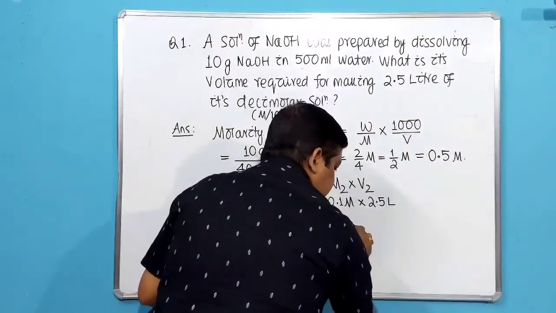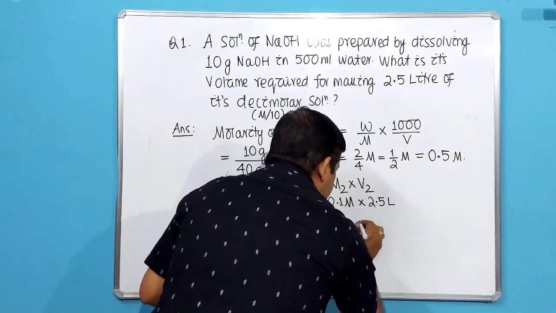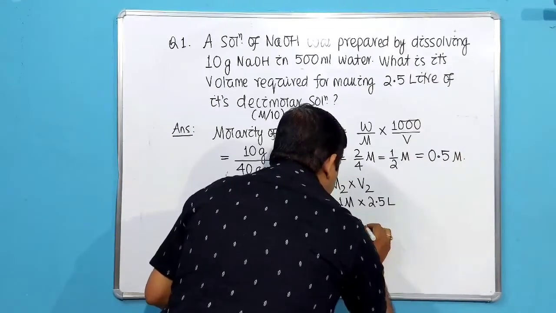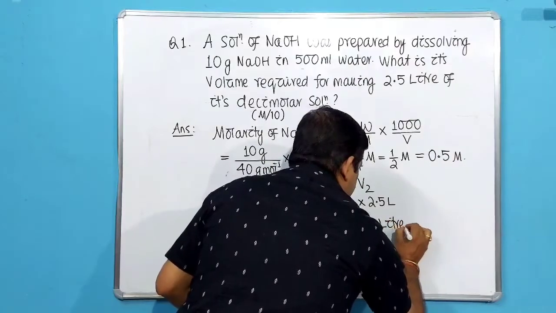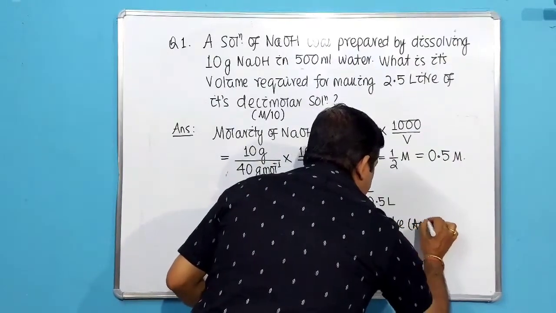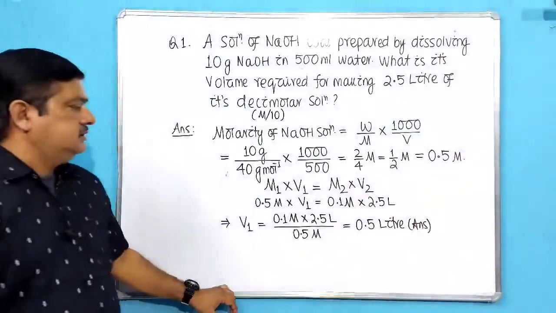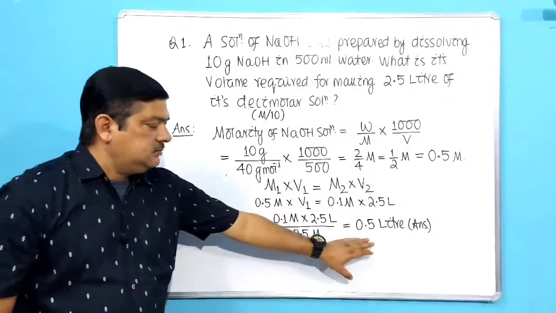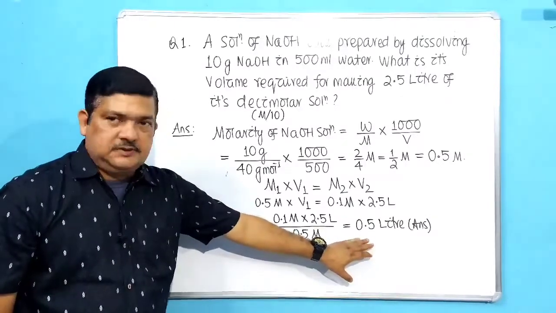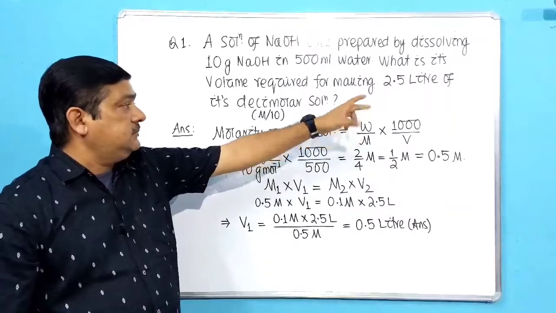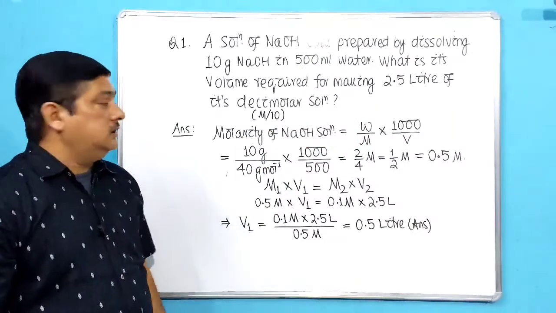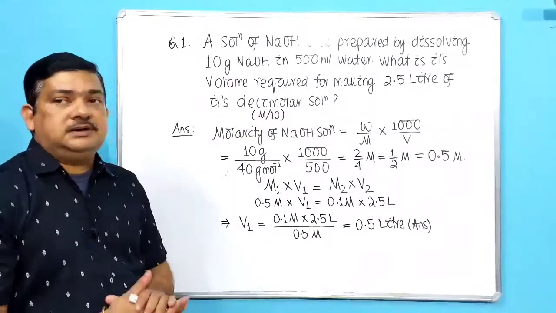Then answer will be 0.5 liter. Okay. That means 500 milliliter is 0.5 liter. So 500 milliliter of this solution is required for making a solution of M by 10 of 2.5 liter.